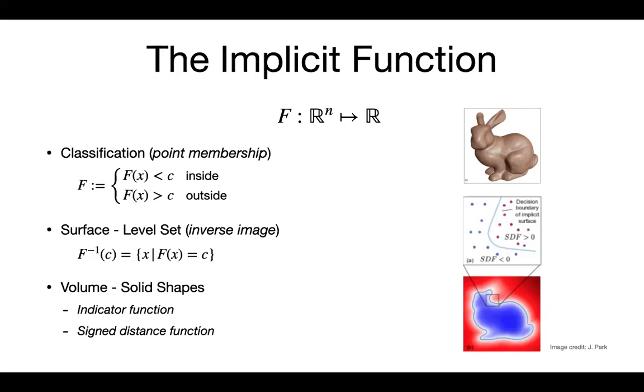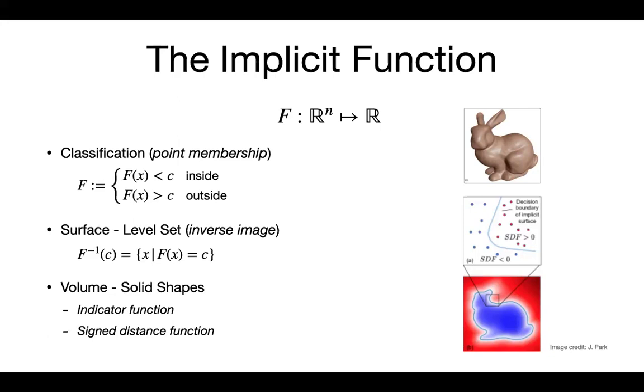But this function is very powerful because it can represent both surfaces and volumes. If we see the function in itself, we are basically saying that as we evaluate the function f at the point x, if the value is less than c, an arbitrary level, it is inside the shape, and if it is greater than c, it is outside the shape.